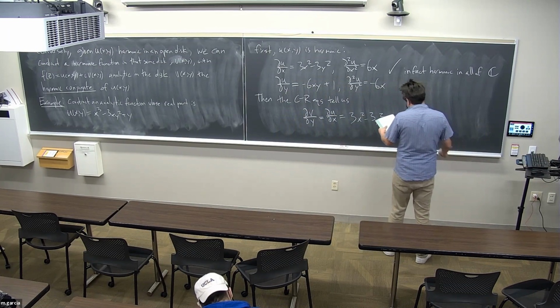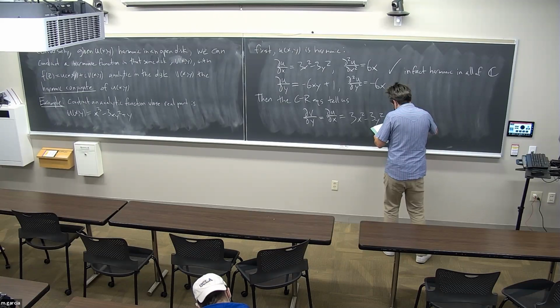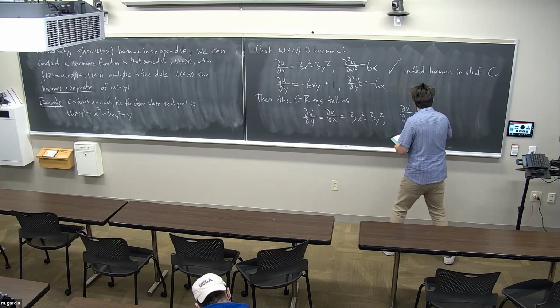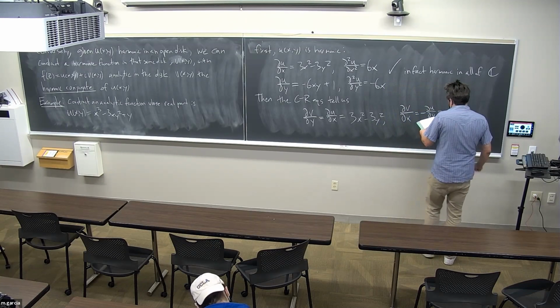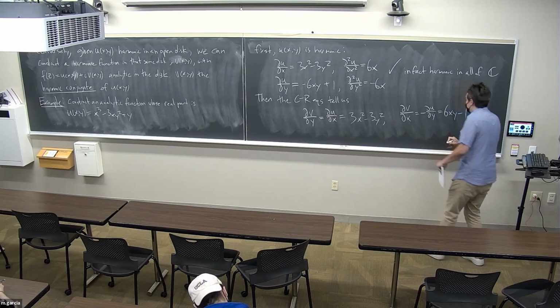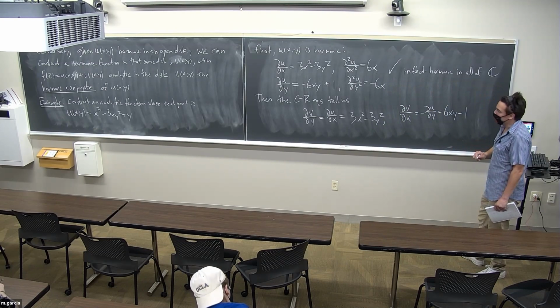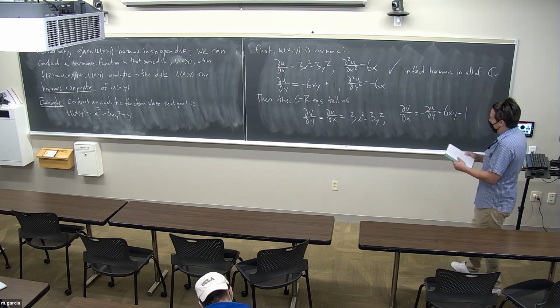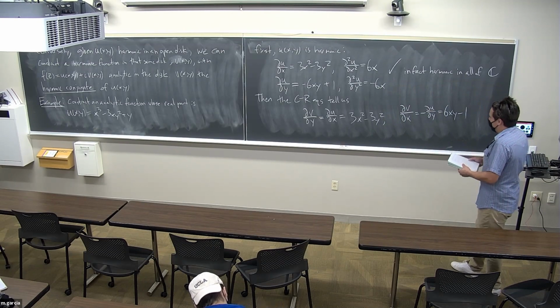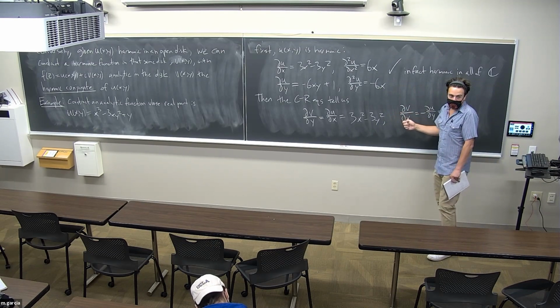And partial v partial x, equal to negative partial u partial y, is just equal to 6xy minus 1. That is to say, we want to find a v that satisfies these equations.